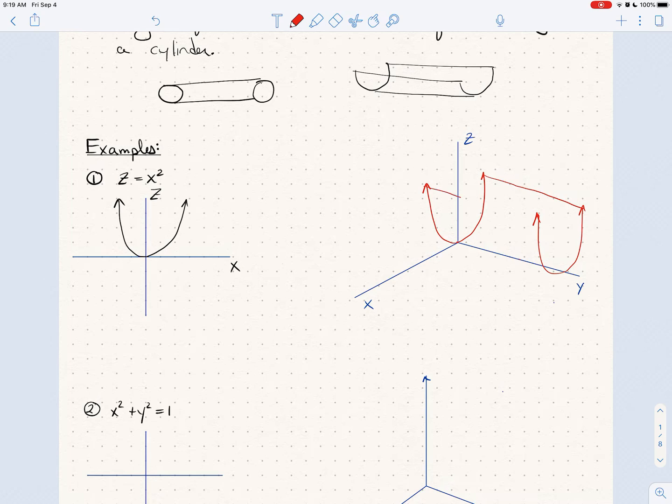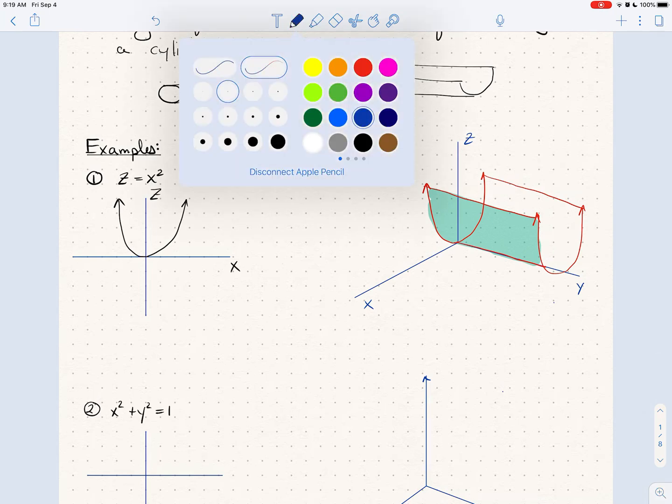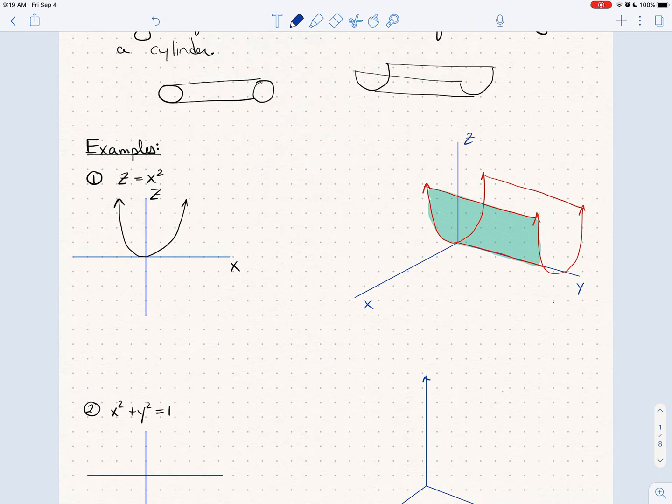So this trough actually extends on forever. We've just graphed a piece of it, but you sort of get the idea. And if you want to be fancy, we can sort of color it in here a little bit. And I'll try to do that for at least this side. I could obsess over this and waste a lot of time, so I'll stop. But the big takeaway, I guess 2 big takeaways. One is that this is called a parabolic cylinder. All right, and I'd like you to know some of these basic names.